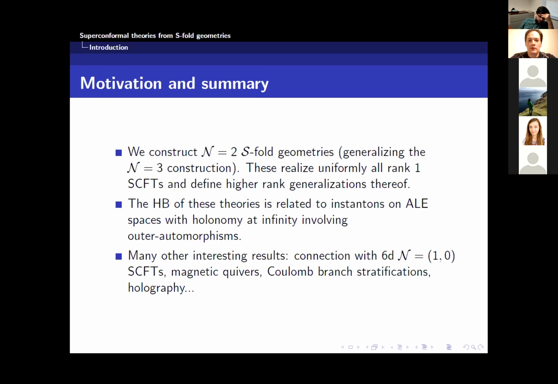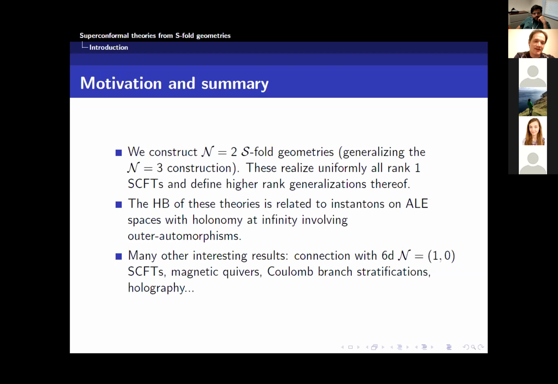In short, by considering the case of 8 supercharges, we can construct all the rank 1 SCFTs, which have been classified recently by Argyres and collaborators.